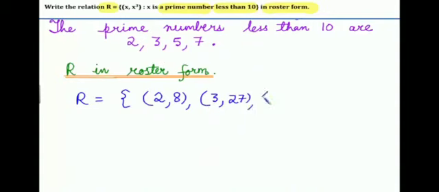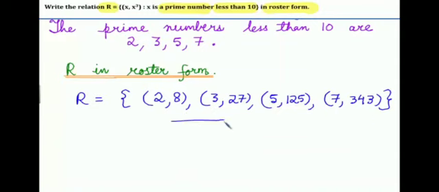Third pair is 5 and 5 cube is 125. And the fourth pair is 7 and 7 cube is 343. Sorry, 343. So these are the 4 possible pairs. If you want to find the domain and range, you can also find them using the first element and second element. Right? Now move on to the next question.